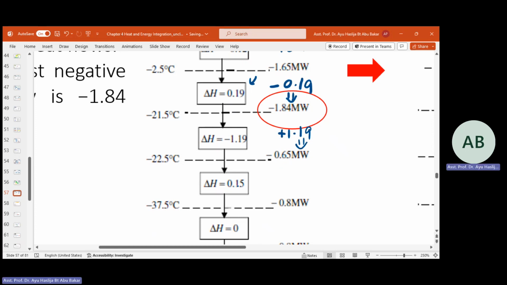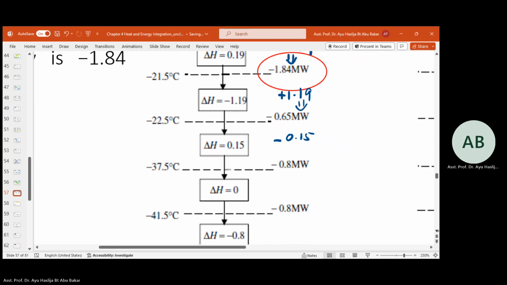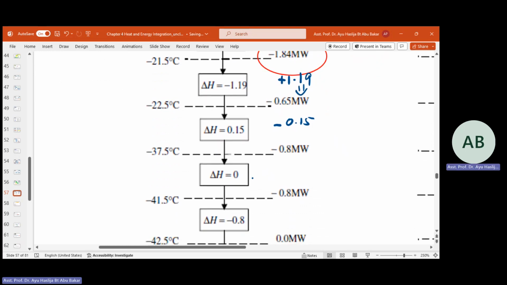This one you need to supply 0.15. Okay, 0.65 plus 0.15, then you get negative 0.8. Next box is 0. So nothing happened. The amount of heat is still the same.